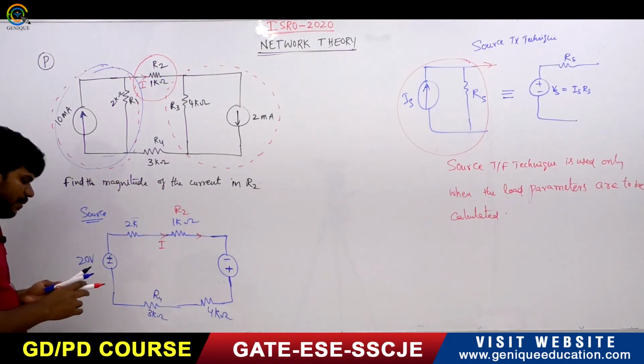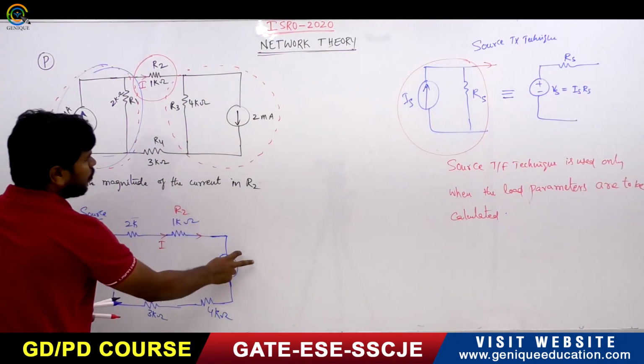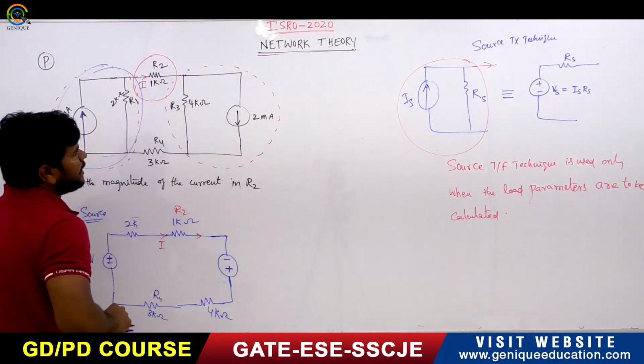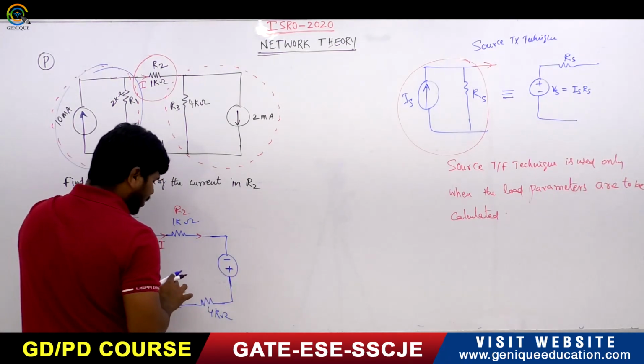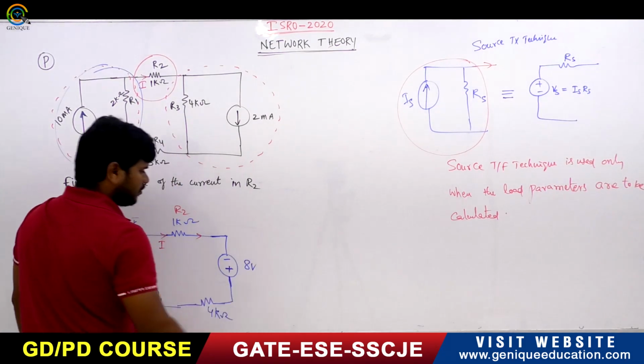Okay, now what will be the current? What will be the voltage source here? 4 into 2, it is 8 volts.